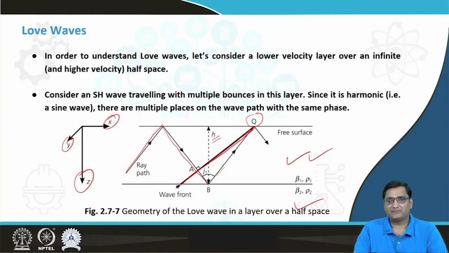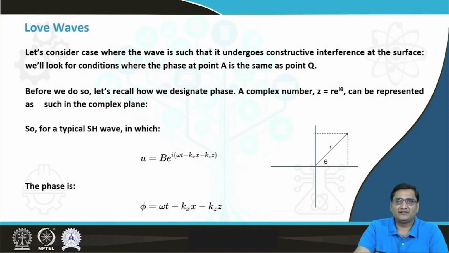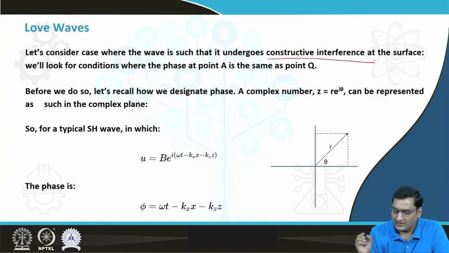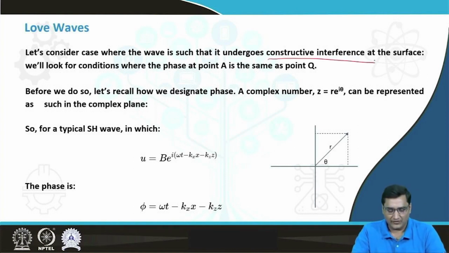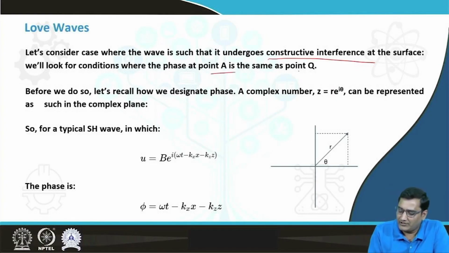We will utilize this property to generate the dispersion characteristics of the Love wave. Now let's consider a case where the wave undergoes constructive interference at the surface, and we will look for the condition where the phase at point A and point Q will be the same.